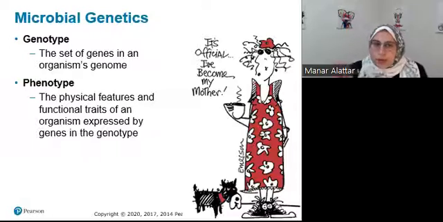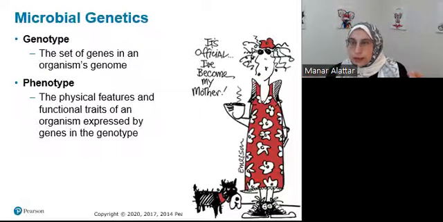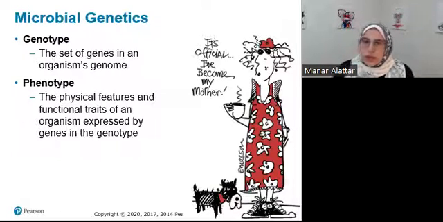Now, another couple of terms that are essential, we won't utilize them so much in this lecture specifically, but they're really important to the discussion of genetics. Genotype is the set of genes that are held within an organism, and phenotype is the expression of those genes.